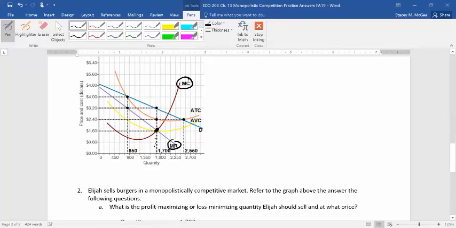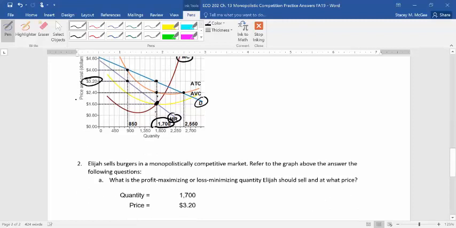So we follow that down, and that tells us the quantity that he should produce is 1,700, okay? So that's the first thing we find out, the quantity, which is 1,700. Then we follow that up till we reach the demand curve. So here's the demand curve. We follow that over, and he should charge a price of $3.20. So his profit maximizing point is going to be selling 1,700 units at a price of $3.20 each.